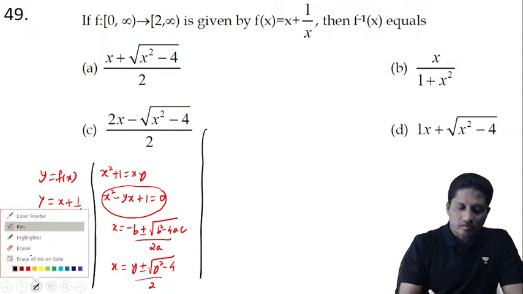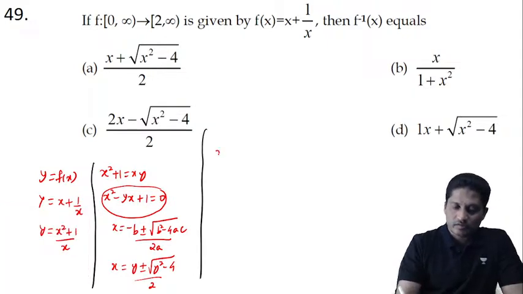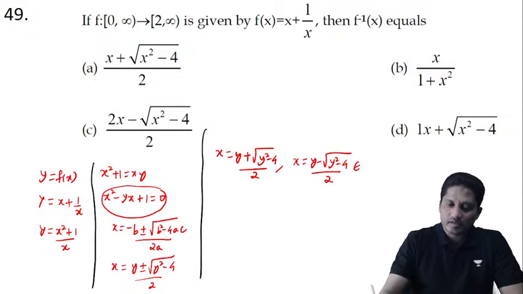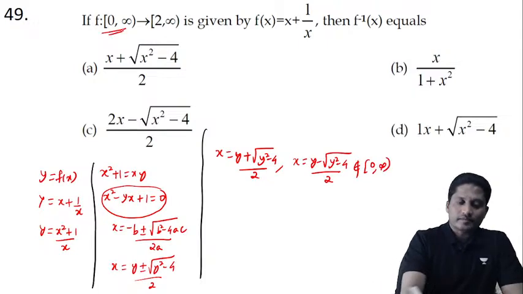Okay, now there are two possible values. x is equal to y plus root of y square minus 4 divided by 2, and x is equal to y minus root of y square minus 4 divided by 2. So this does not belong to the closed-open interval 0 to infinity. This is the domain.